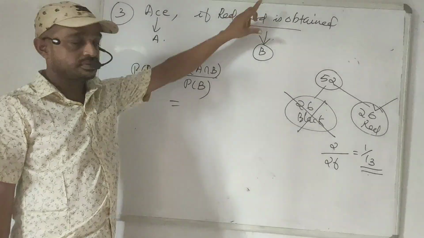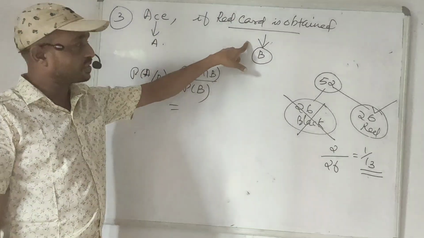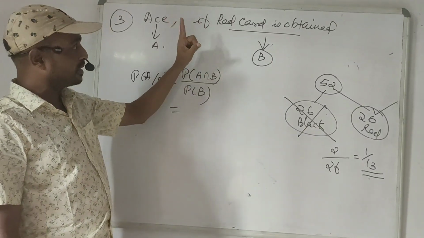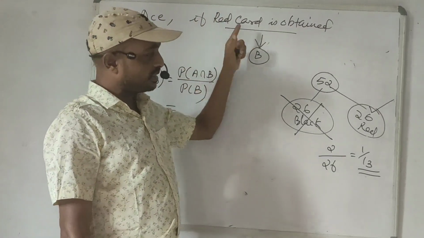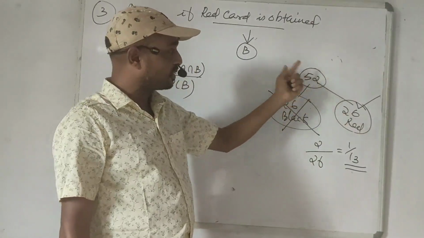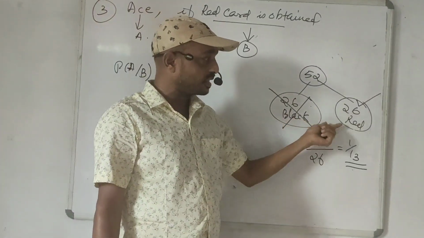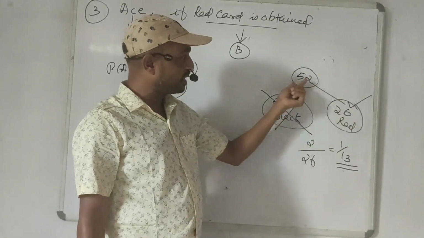Total number of cards which are both ace and red are 2 cards, the diamond ace and the heart ace. So 2 divided by total number of cards, 52.